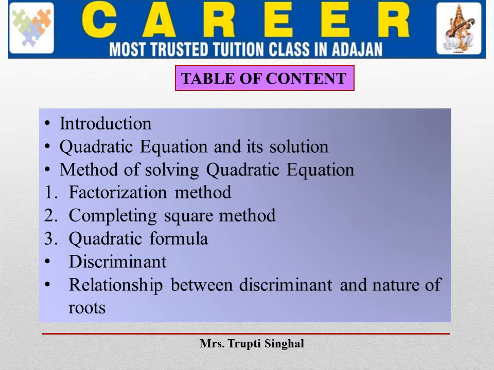There are three main methods: first, the factorization method, second, the completing the square method, and third, but very important, the quadratic formula. The next point is the discriminant, and on this point we talk about another point, the relationship between the discriminant and the nature of roots.